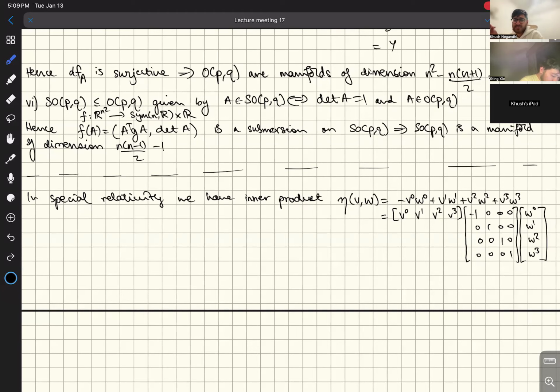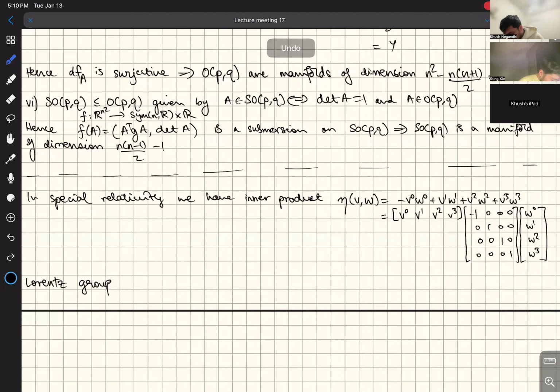But let's not worry about the Poincare group. Let's look at a smaller subgroup, and that's the Lorentz group. It's just all the Lorentz transformations that we can do that don't involve boosts. Or do they involve boosts? Sorry, that don't involve translations. Okay.